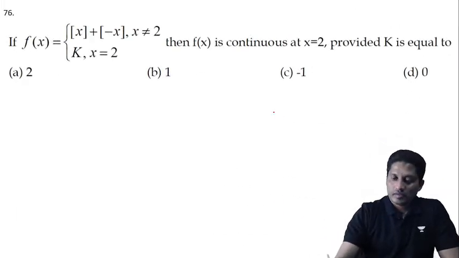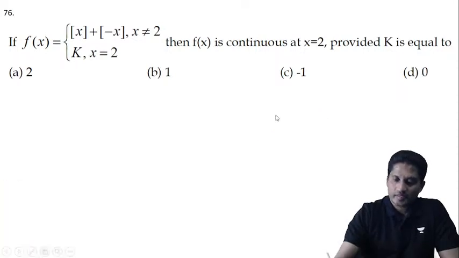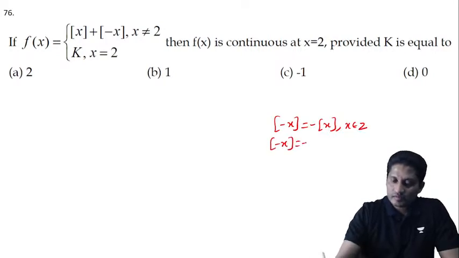Okay, now see box x plus box of minus x. Box of minus x will be equal to minus box x if x is an integer, and box of minus x will be minus box x minus 1 if x is not an integer.